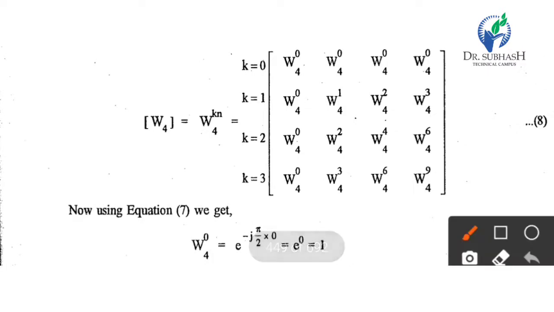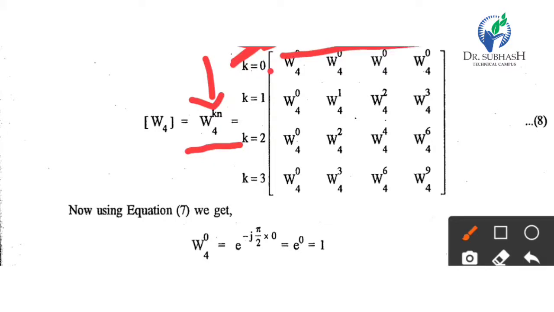So here the n values and here the k values. We have to find W4 raised to kn, so multiply the k and n values. Here k equal to 0, so W4 raised to all zeros. Here n equal to 0, so W4 raised to all 0.